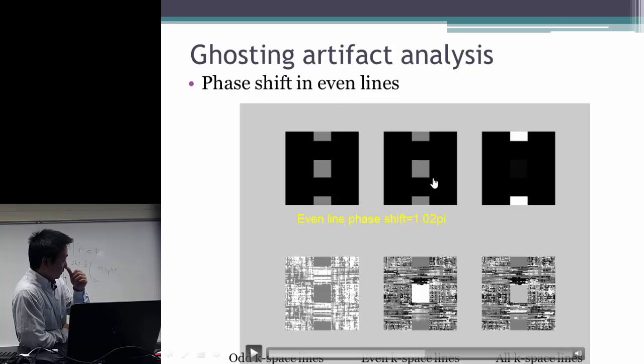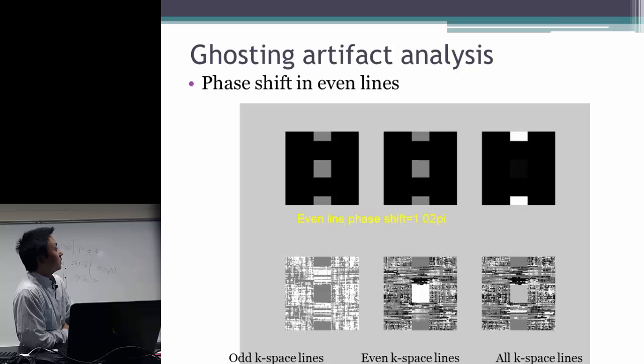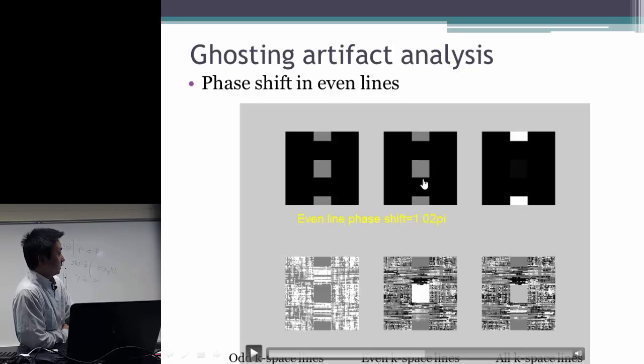Let me give you a constant phase shift in the K-space. Yes, a constant phase shift in the K-space would give you a linear phase shift in the image.